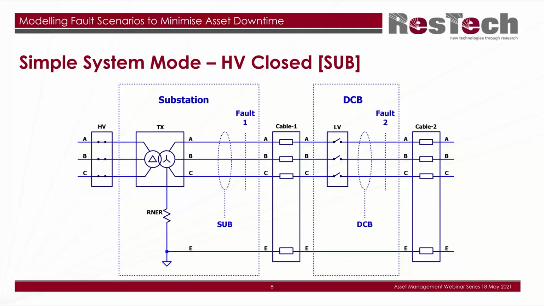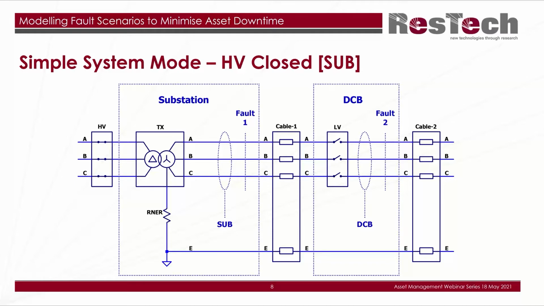So if a fault occurred at this point in time, then it would reveal itself, and because the DCB contactor is open, we can assume that the fault is not within the DCB as such. You can see now how a mode of operation is starting to be useful, because it allows us to localize where faults might actually be. And this one here I've called the mode SUB.